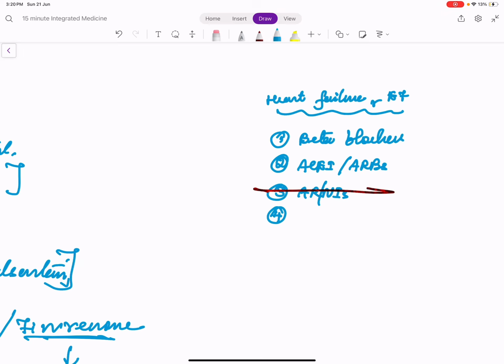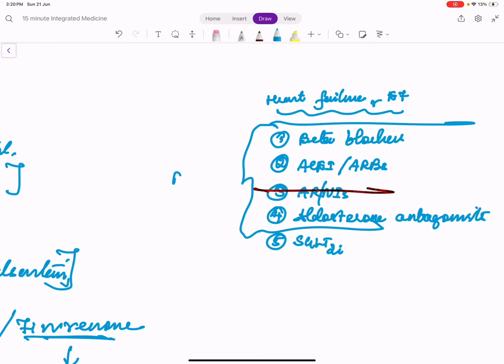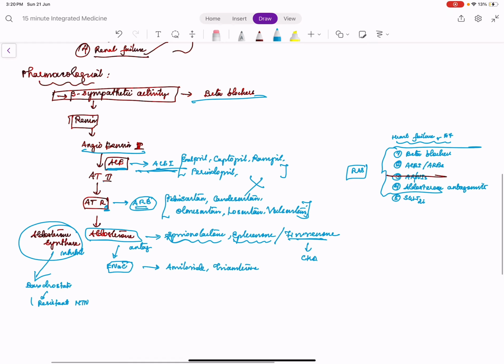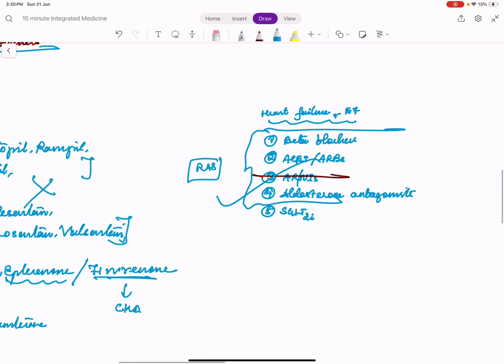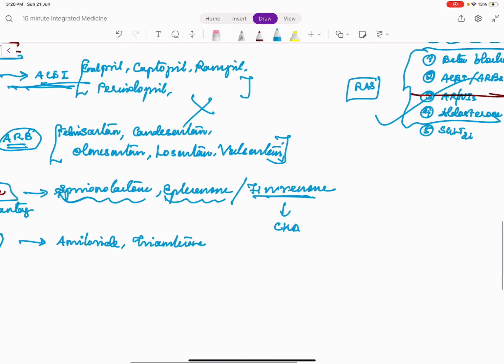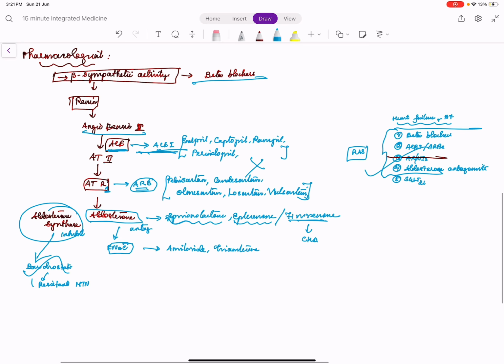Next is aldosterone antagonist. And the fifth pillar is SGLT2 inhibitors. So of the 5 pillars, 4 pillars are related to the renin angiotensin aldosterone system. So these drugs are used in hypertension, in heart failure, in resistant hypertension, and in renal failure.